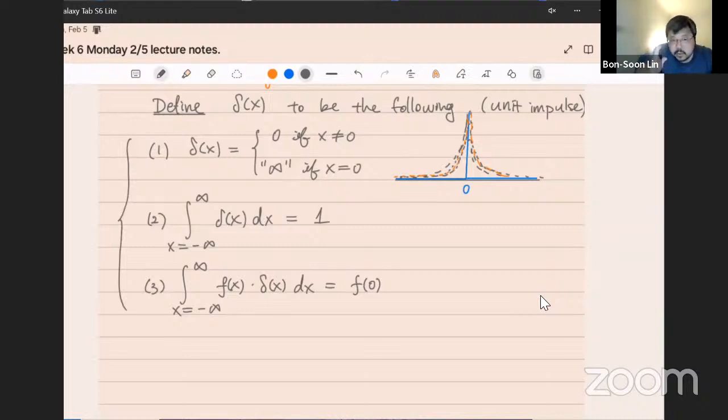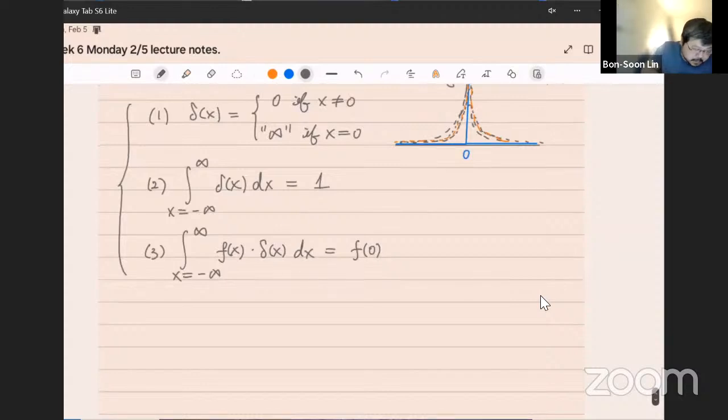Now we can also work with translated versions of delta. For example, let's say we have delta of x minus a. Here we don't have to assume what a is, but what is this?